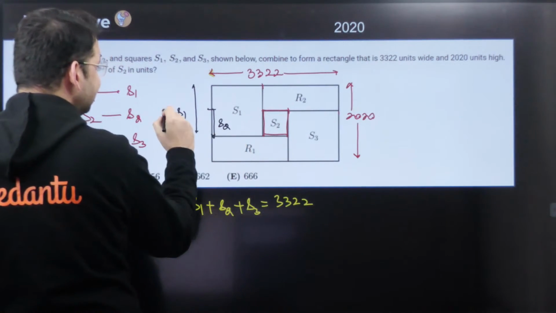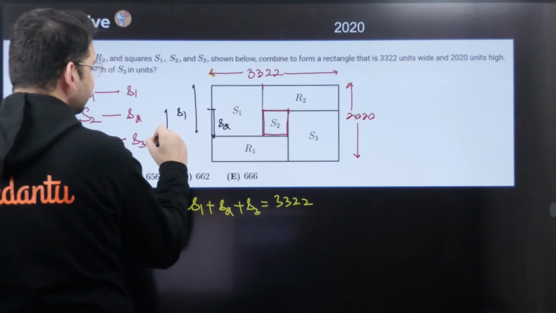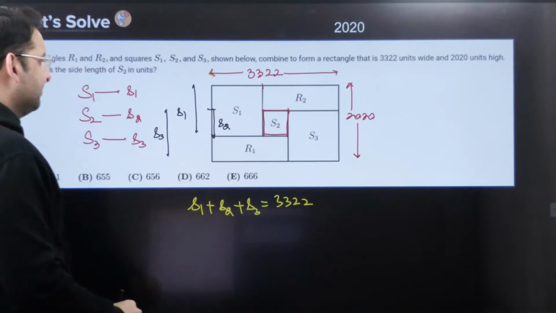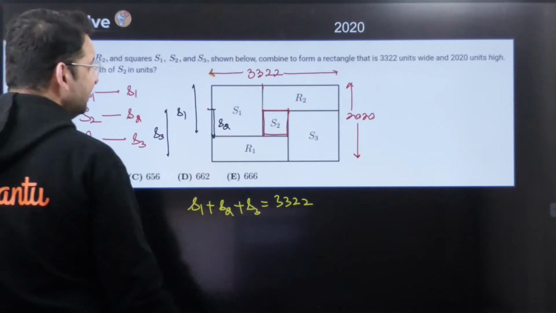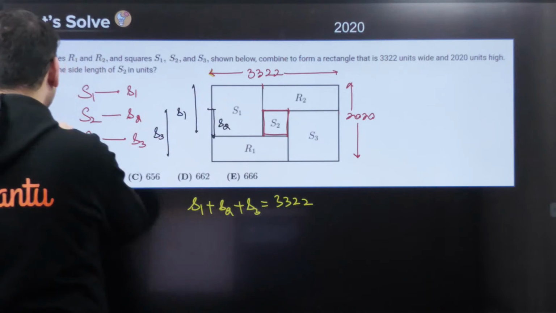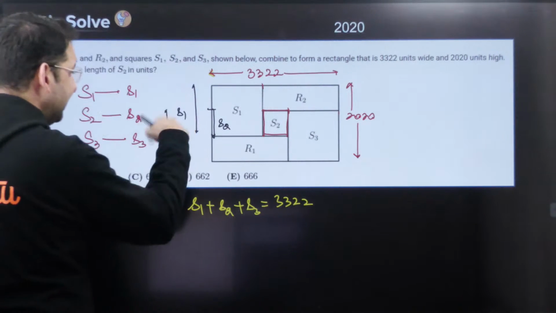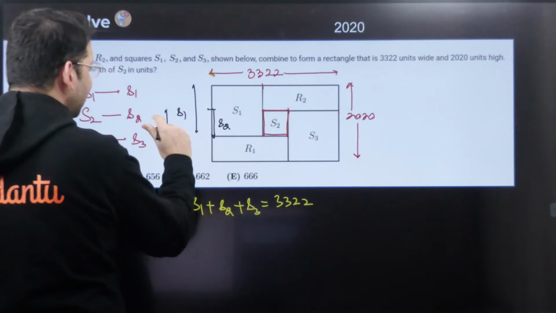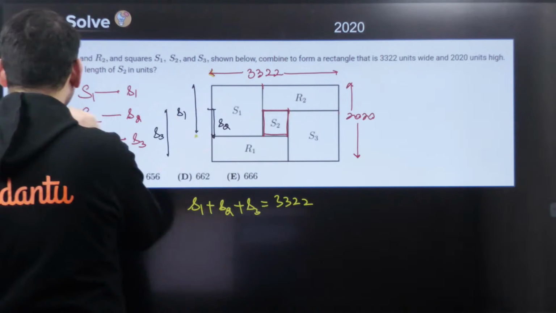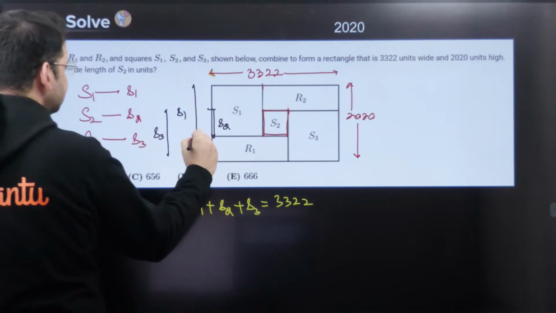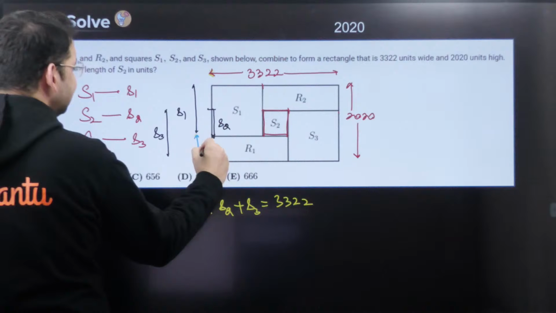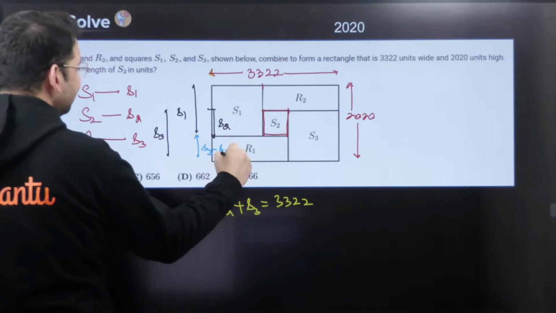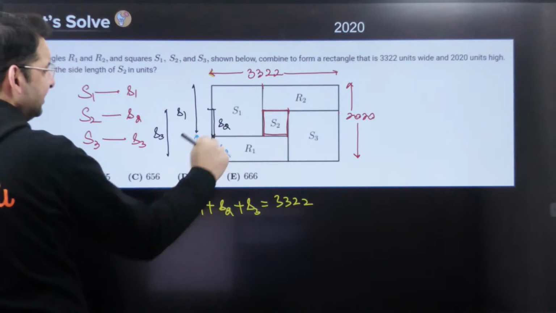And this is S3. Inside S3 also there is a certain S2 portion which is overlapped. So if this whole thing is S3, then this portion should be S3 minus S2, isn't it? Remove S2 from S3.